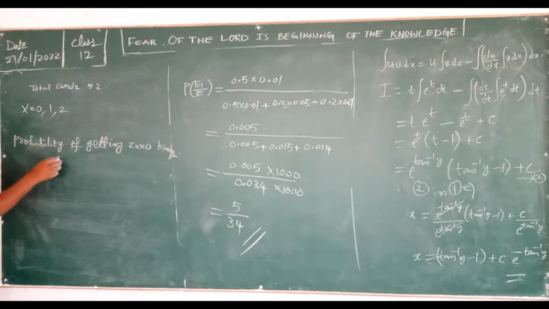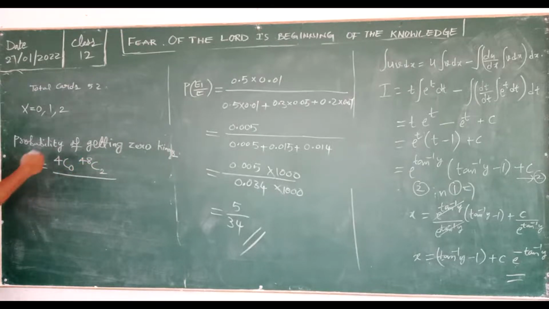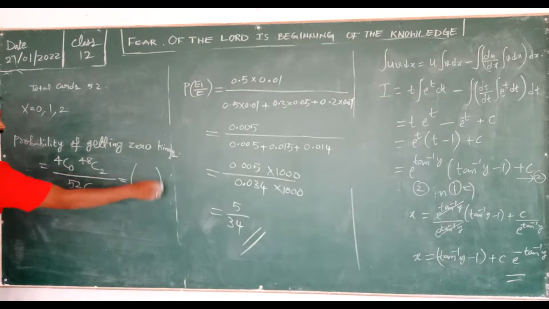Four kings. Out of four, zero, so not even one king. That means out of the 48 other cards, two will be chosen, over 52C2. So this is the probability of getting zero kings. Then you solve this and get the answer.